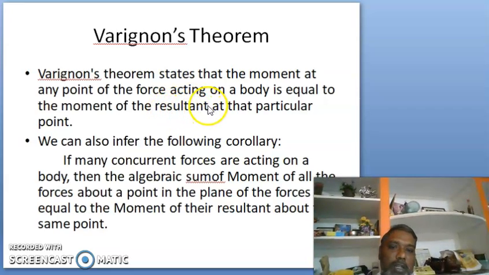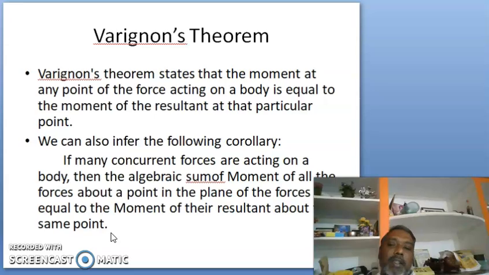Sorry, not the resultant, it is the components at that particular point. So we can also infer the following corollary. If many concurrent forces are acting on a body, then the algebraic sum of the moments of all the forces about a point in the plane of forces is equal to the moment of their resultant about the same point.